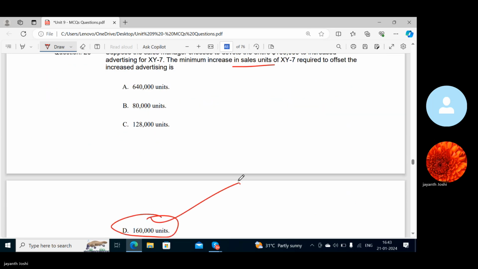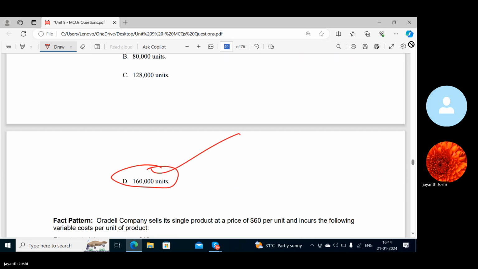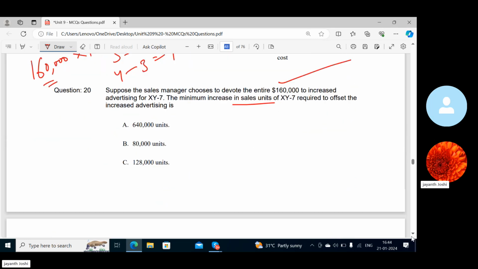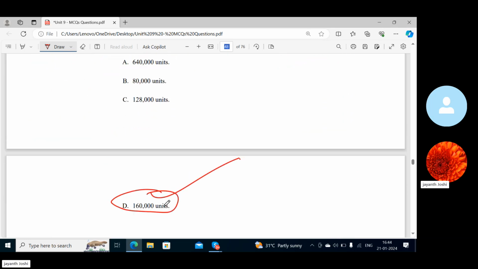Finished. So they can recover the advertisement cost out of that. It's a fixed nature cost, right? Just we have to do contribution for XY7, and back substitution. With this we multiply, we are getting that amount. So it's easy to offset. Okay, sir. Got it.